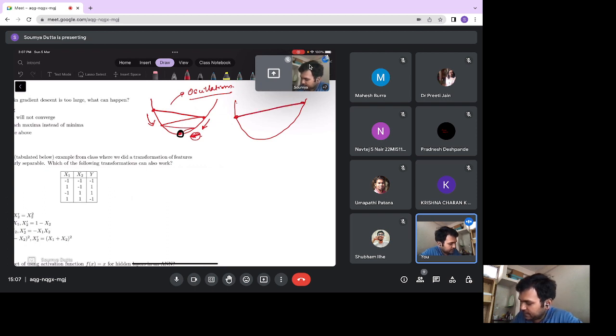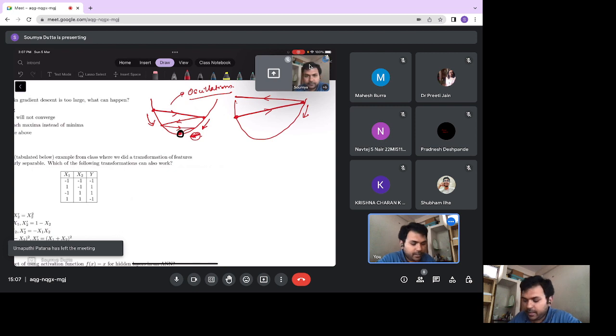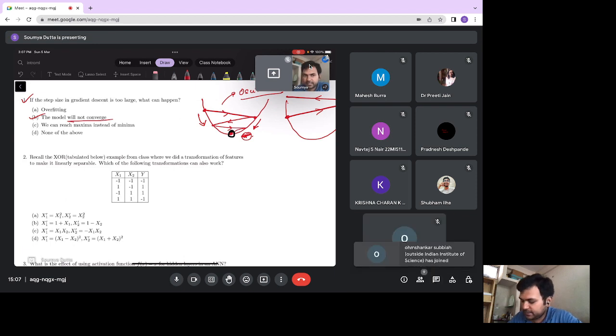Again, the gradient will ask you to move in this direction, but if you take a very big step size towards the left, you can move in the exact opposite direction. In this way, the model will not converge, and that is a possible drawback of a very big step size in gradient descent.